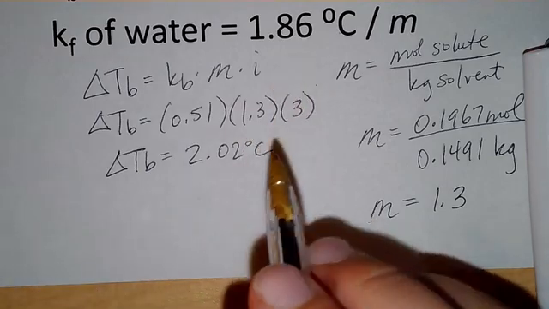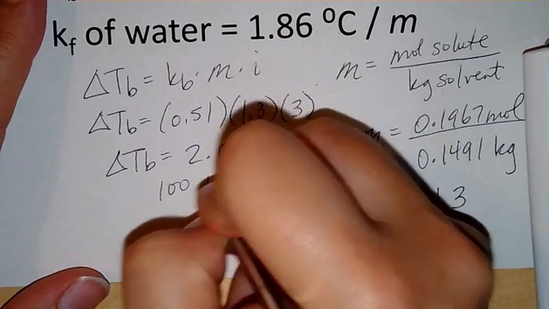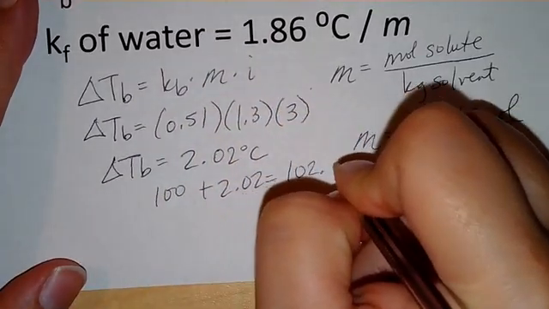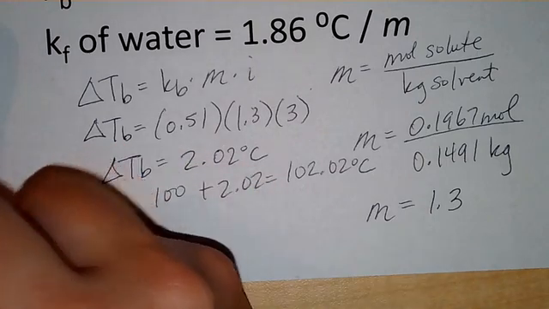For our freezing point, we're going to incorporate the 1.86 for our Kf. Our molality stays the same, 1.3, and our I value stays the same.